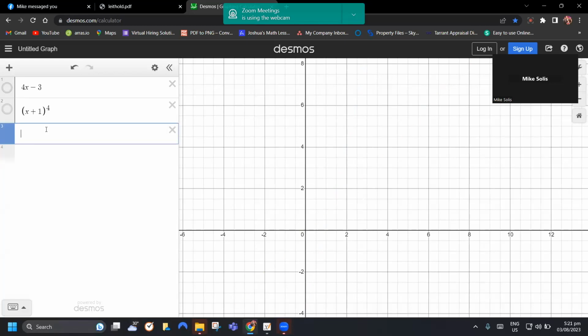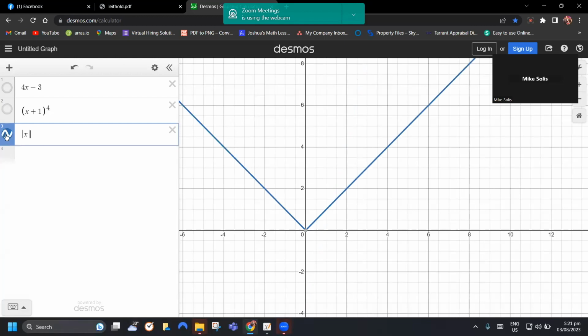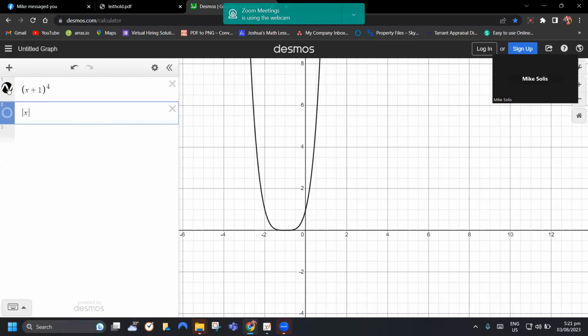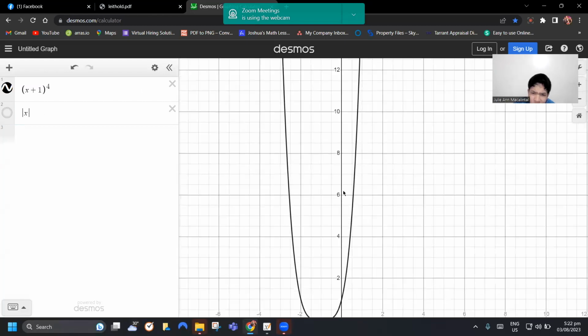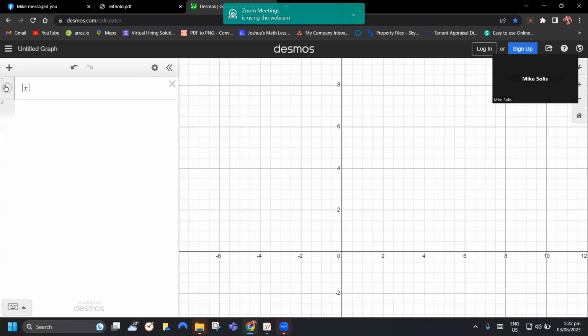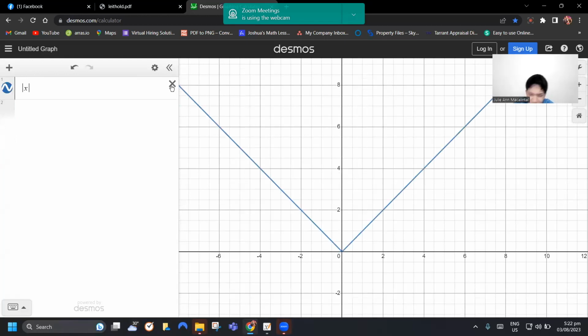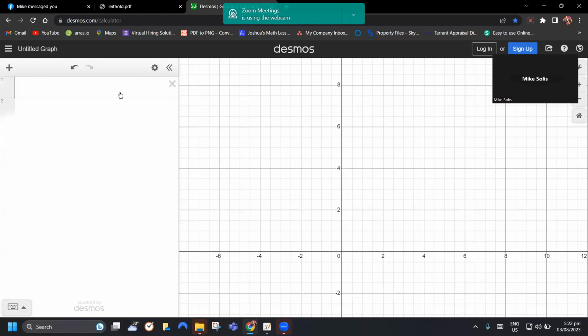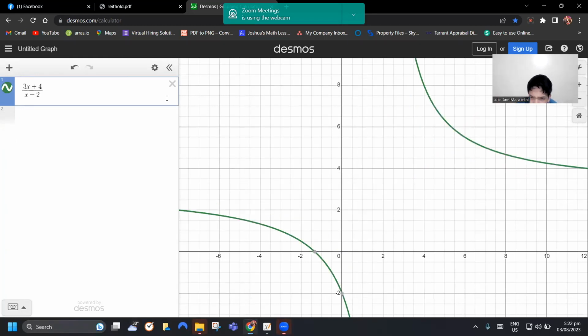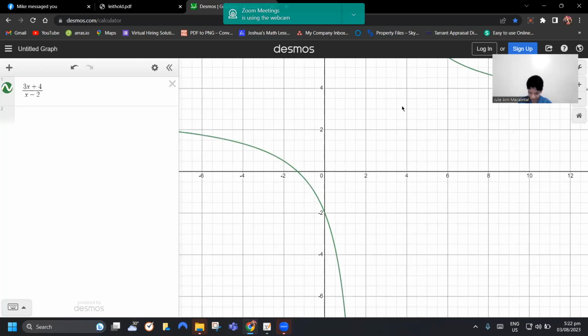So yung 4x minus 3, is it 1 to 1? Okay. Yung x plus 1 to the 4th, patingin. No. Kasi clearly po no. May mga ano, di ba? The horizontal, pag nag-horizontal line, siyempre po not. Okay. And then, yung last one, yung 3x plus 4 over x minus 2. 1 to 1.